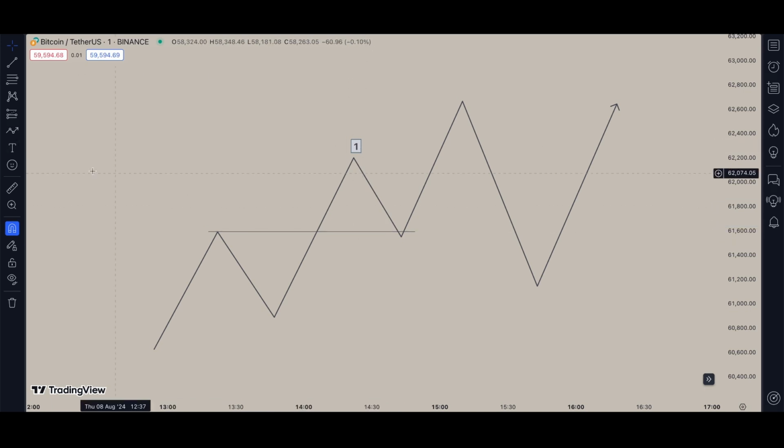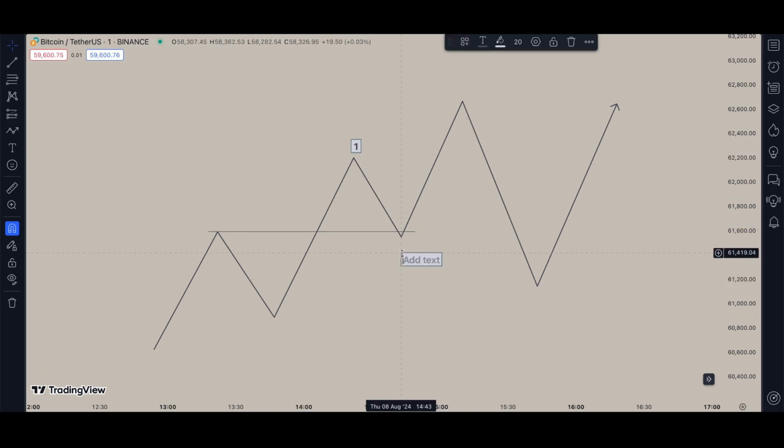So let's mark that out over here. This is our second step in the sequence. The price retraces under and shoots back up. As soon as it takes out #1 over here, this low is confirmed as 2. So now we have #1 and 2 in the sequence.